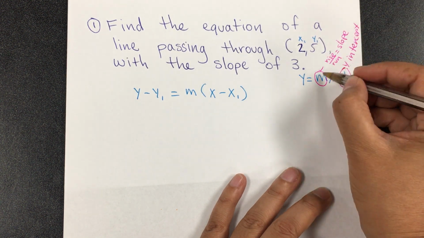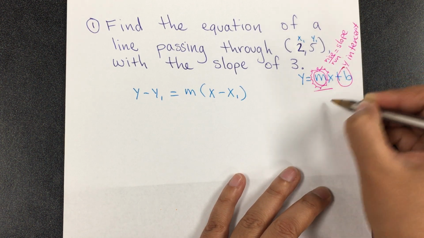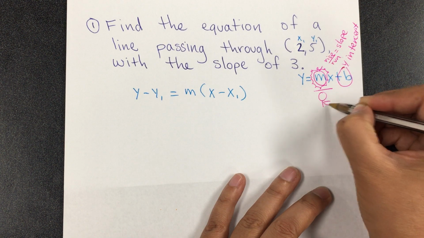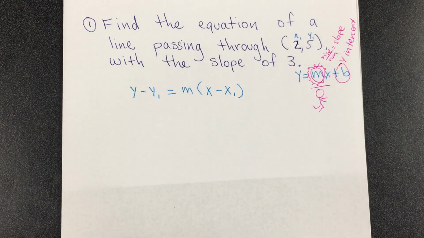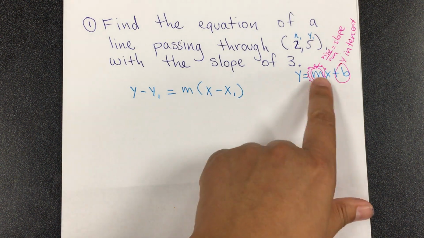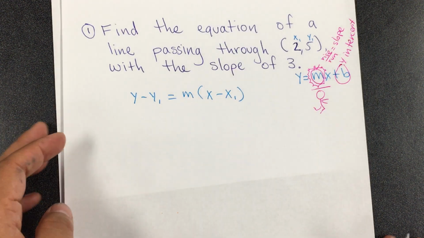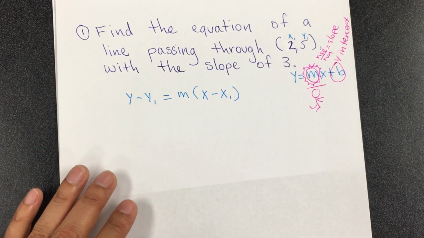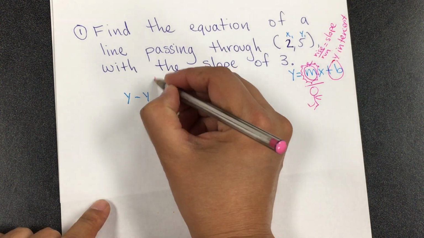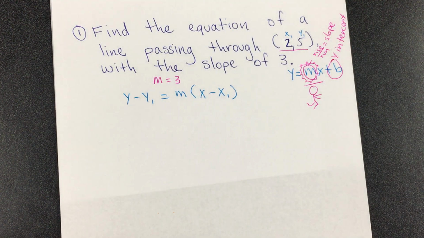So those are the things that, if you recall, that's where the m comes from. That's what it represents, the slope. So in the word problem, it says slope of 3. That means that my m is 3 and the point is (2, 5).